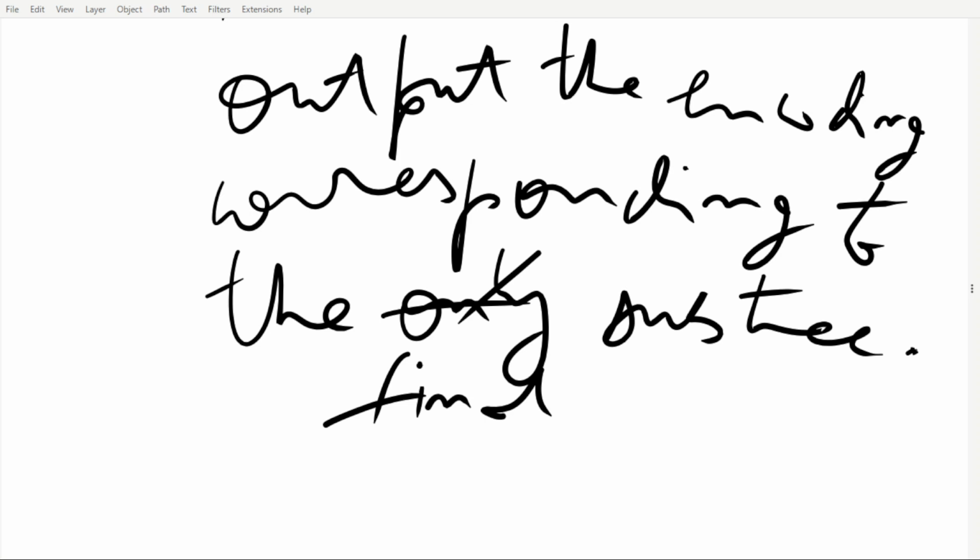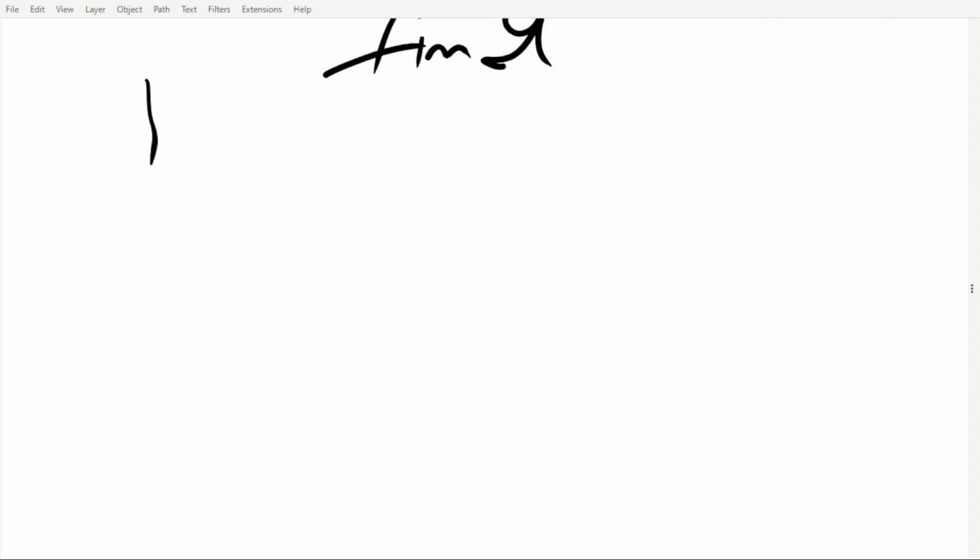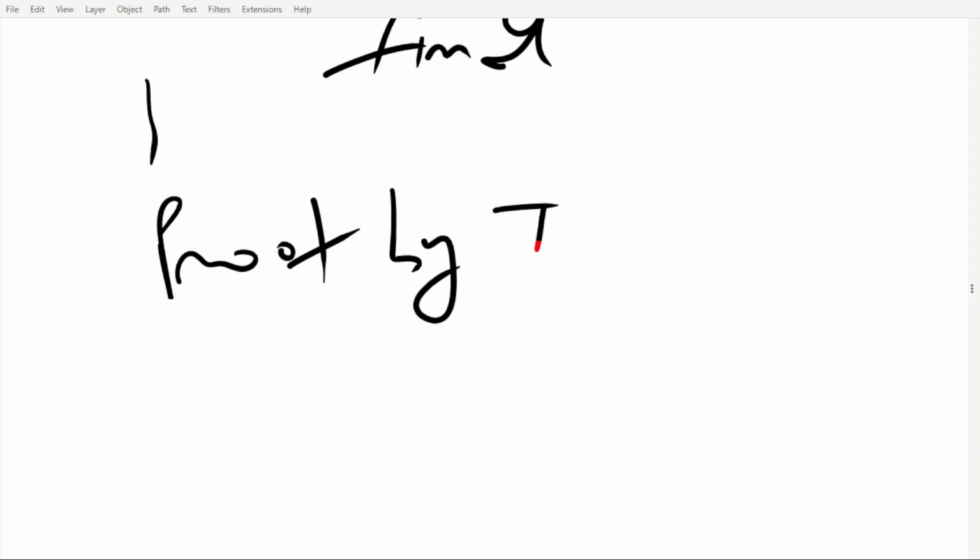So now we have to prove that this is optimal. We get an encoding with minimum possible average bit length. So we'll prove by induction.